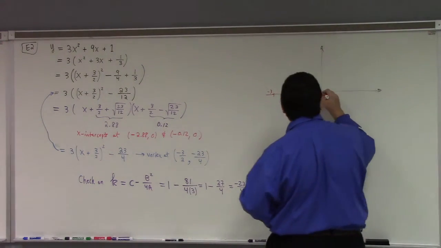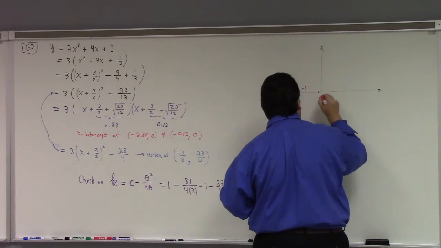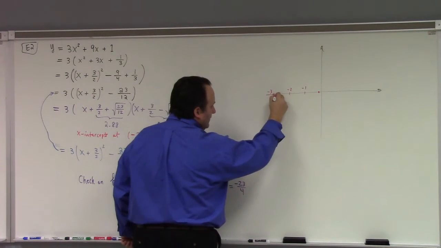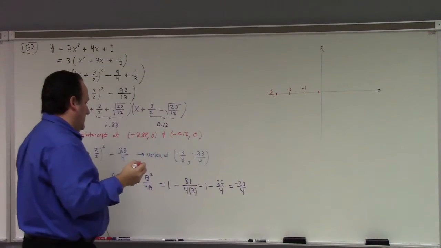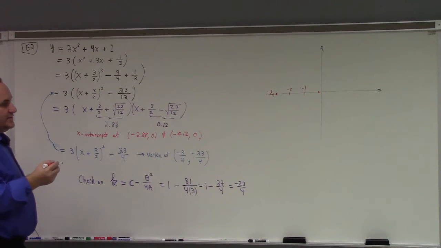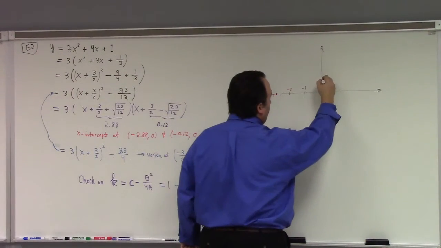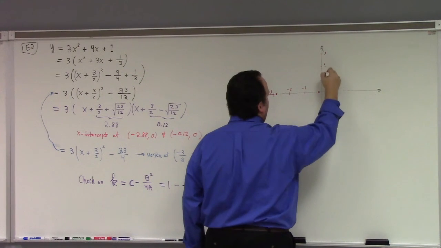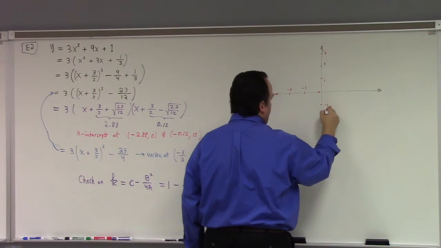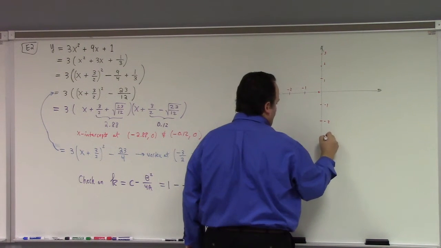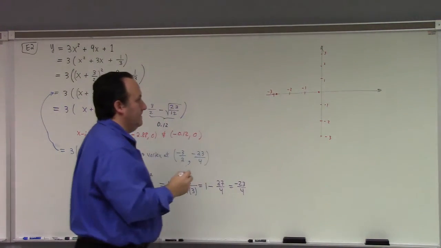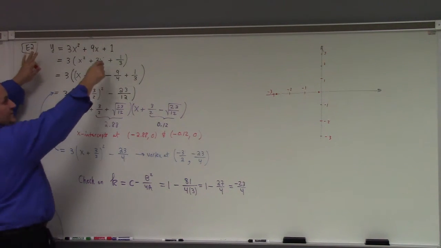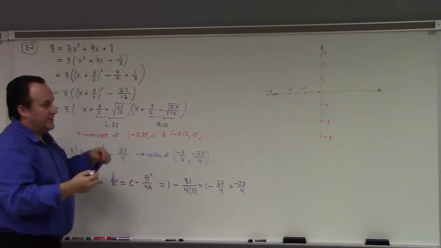Minus 0.1, it's about here. And also at minus 2.88, which is about here. And where's my Y-intercept? It's sitting right here for us to see. This 1 gives me the Y-intercept. The Y-intercept is 1.